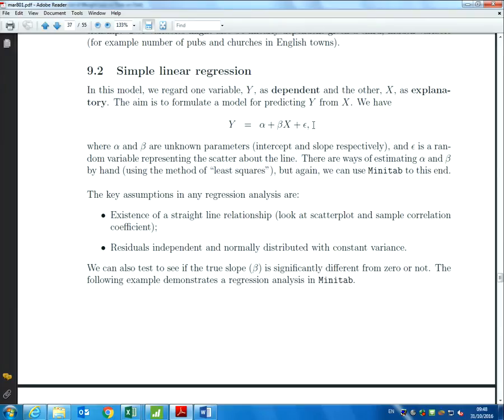There are certain assumptions of a regression analysis: the existence of a straight line relationship between the variables, and also that the residuals are independent and normally distributed. Now, we've never encountered that word before, residuals. Does anyone know what residuals are?